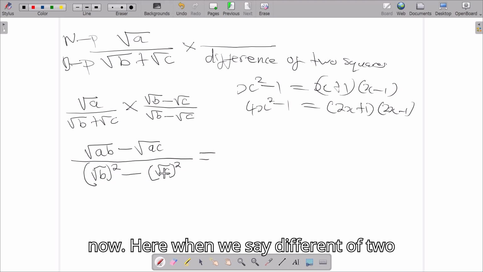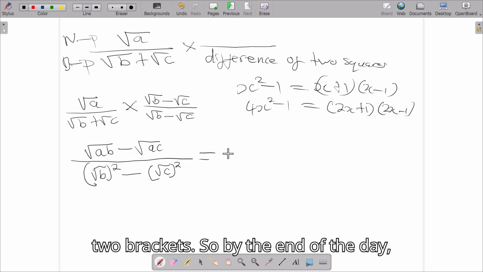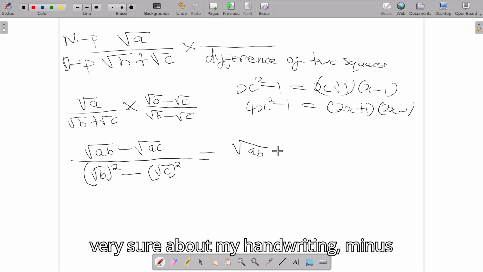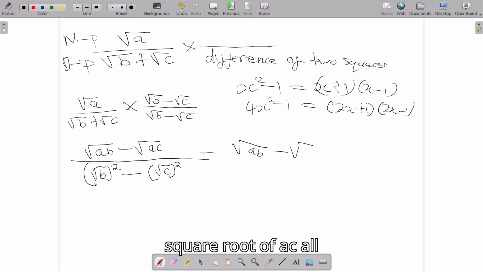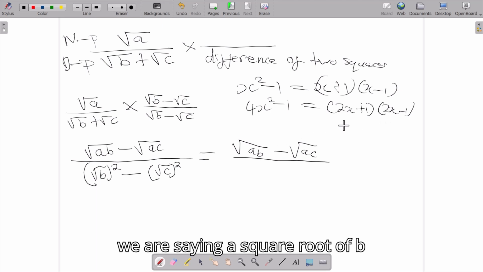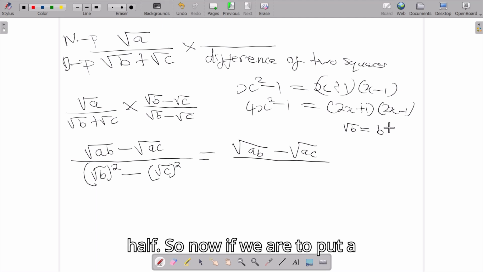When you say difference of two squares, we're just talking about these two brackets. So by the end of the day, you have square root of ab, very sorry about my handwriting, minus square root of ac, all over, obviously, square root of b power 2. If you remember exponents, square root of b is equal to b power a half.